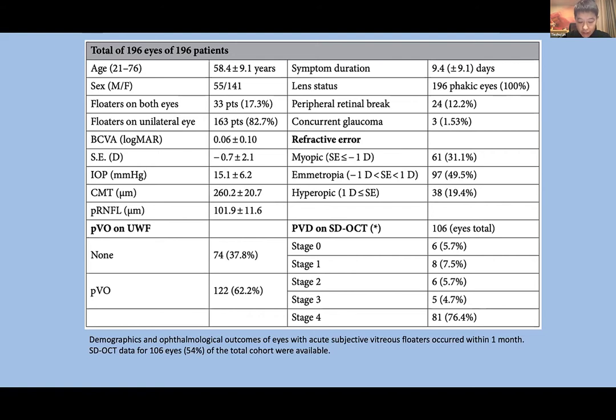The mean age was 58 years old. They visited a retina clinic a mean of 9 days after the onset of vitreous floaters. Pupillary vitreous opacity was noticed in 62.2% of eyes. We can see the areas are marked.